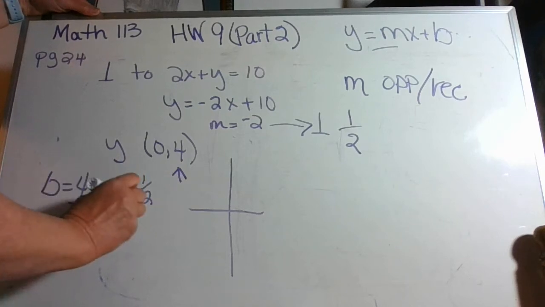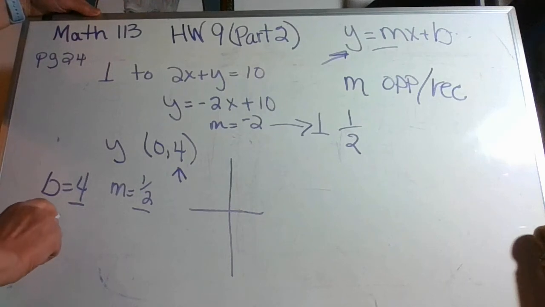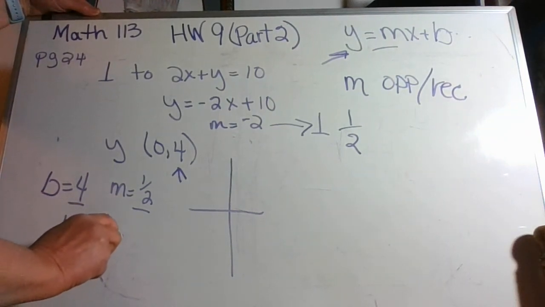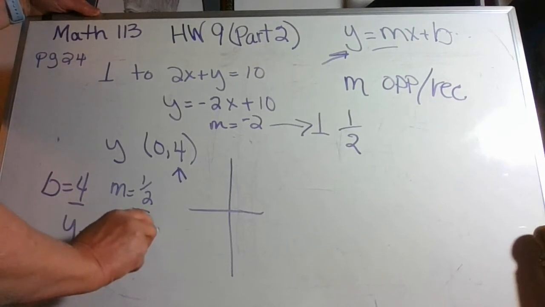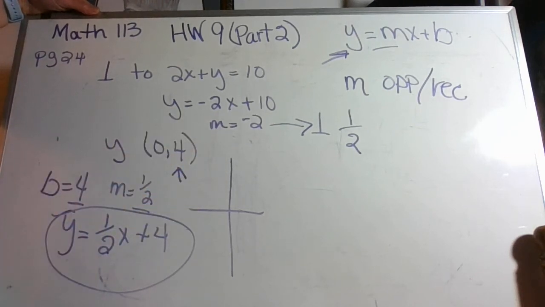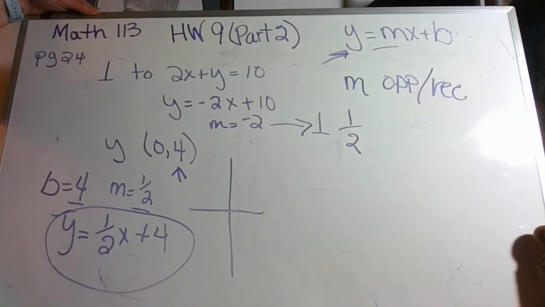When you have these two values, go straight to that equation. y equals 1/2 x plus 4. And then you're done. Just for fun, if you want to plot it on the graph, you can, but when you get here, you're done.